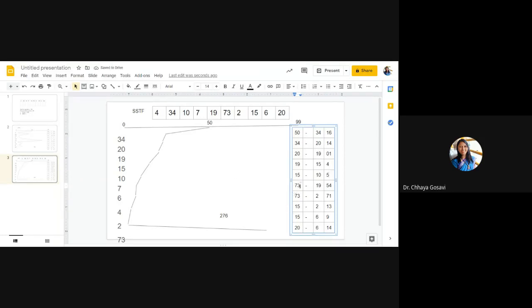Then 10 to 7, 3. 7 to 6, it's 1. 6 to 4.